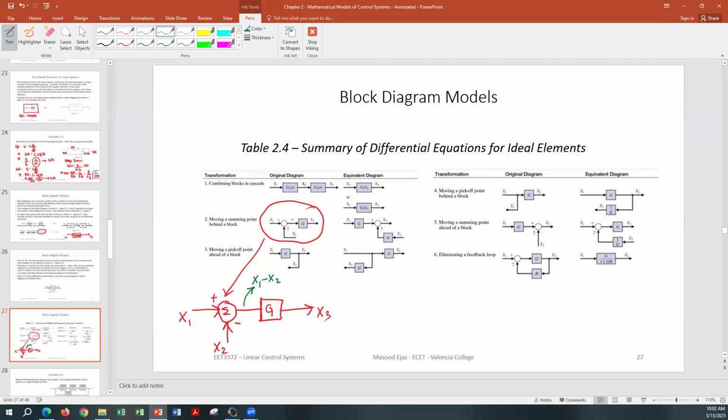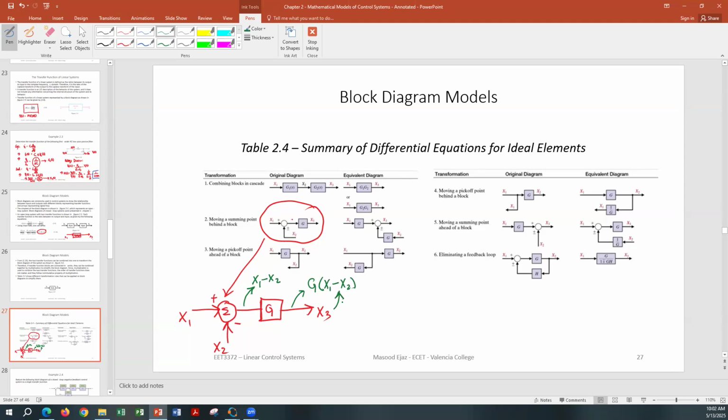Now, when this signal passes through the transfer function, the transfer function is going to be multiplied by this signal. So here you're going to get G times (x1 minus x2), which is equal to x3. So x3 is equal to G times (x1 minus x2).